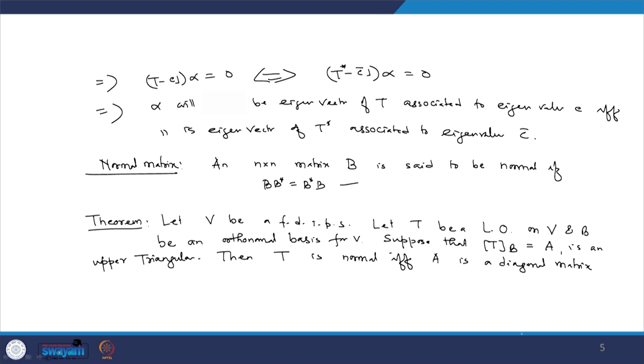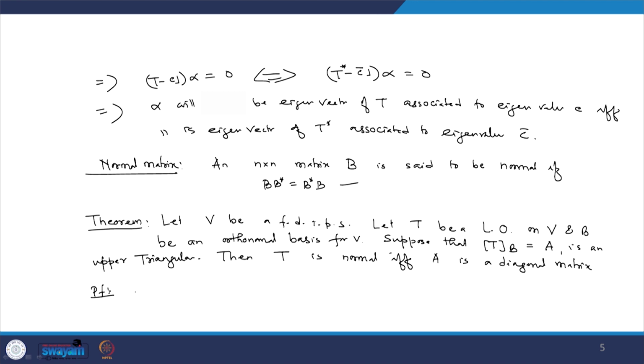Then T will be normal if and only if that upper triangular matrix is a diagonal matrix. So, this is the most important result. If a normal operator is defined over a finite dimensional inner product space, then the space has an orthonormal basis consisting of eigenvectors of the normal operator. So, let us quickly prove this result.